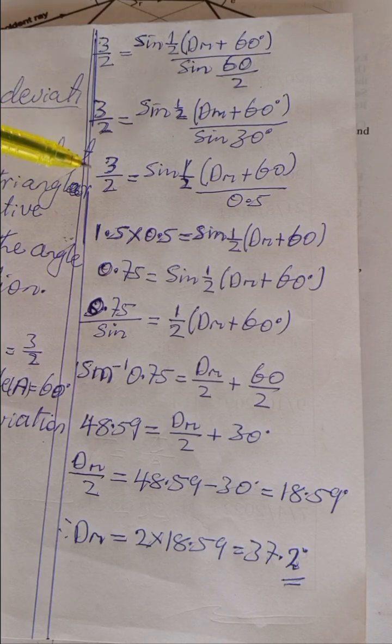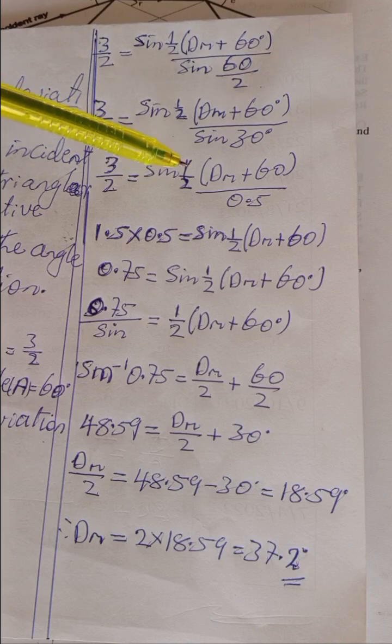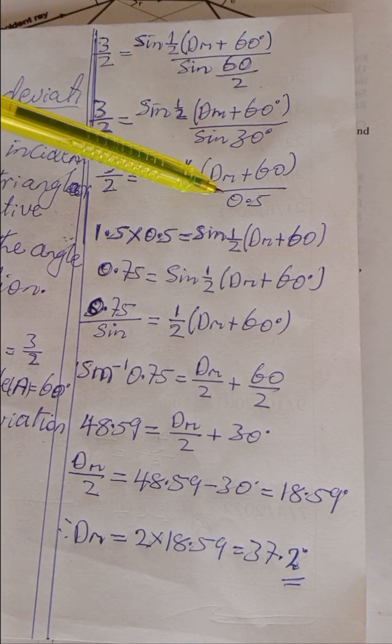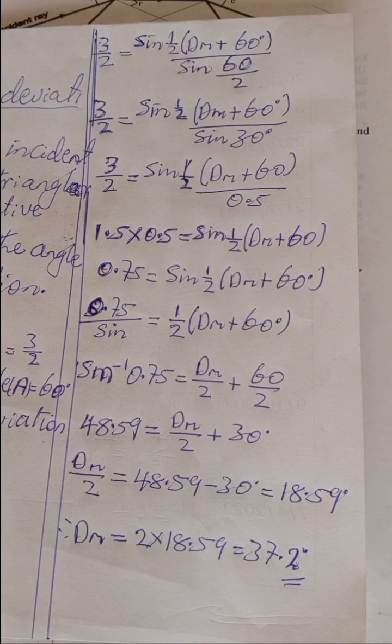Now we continue. 3/2 is equal to sine half bracket dm plus 60 all over 0.5, because sine 30 is 0.5. At this point, 3 divided by 2 will give you 1.5.